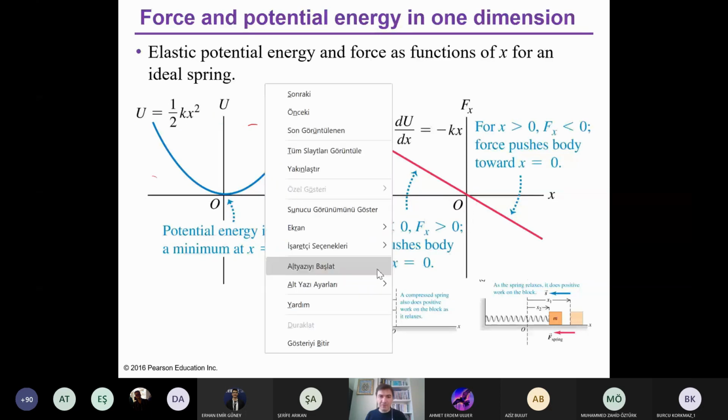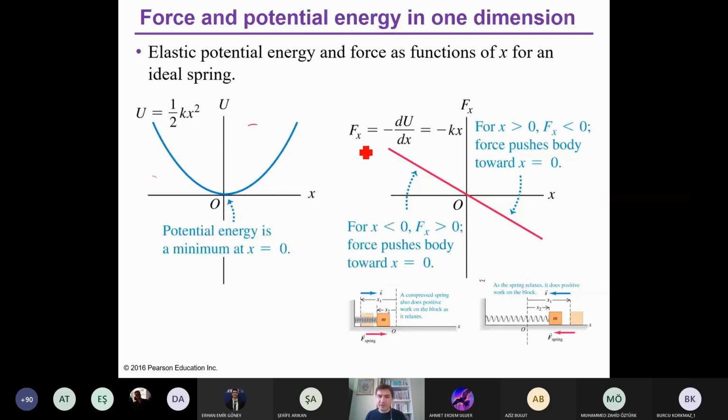So what about force applied by the spring? The force applied by the spring can be found from this relation. So just put here this potential energy formula and take derivative of this with x. If you take the derivative of this one, then the force can be found, minus kx.